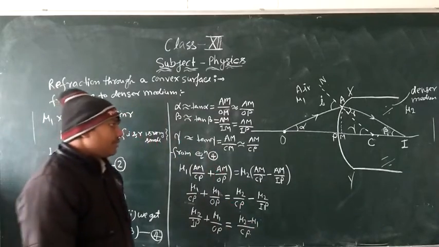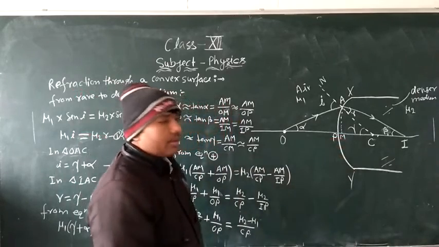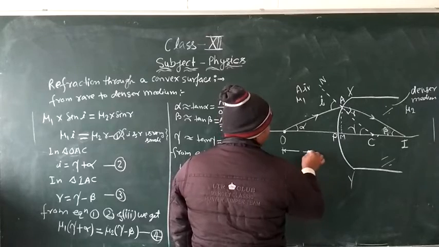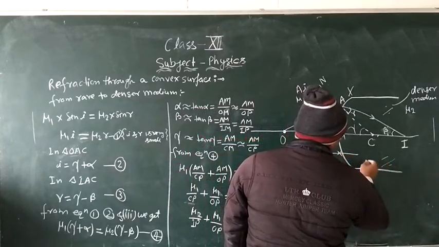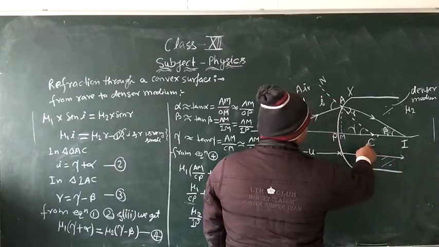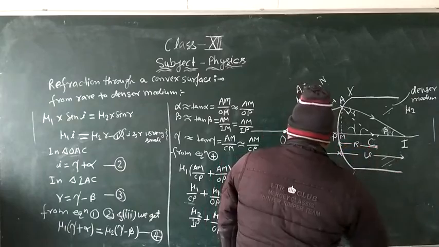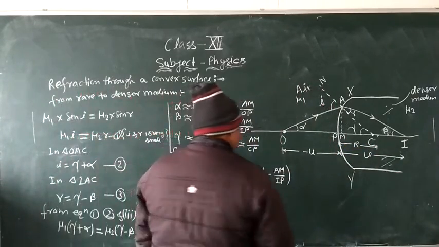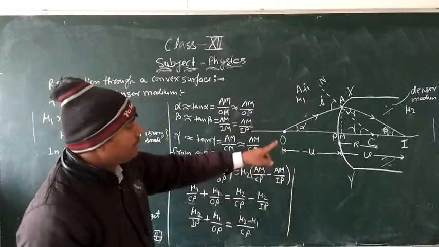From the figure, distances are always measured from the pole. The object distance is taken as minus u and the image distance is v. And CP is R, the radius of curvature.